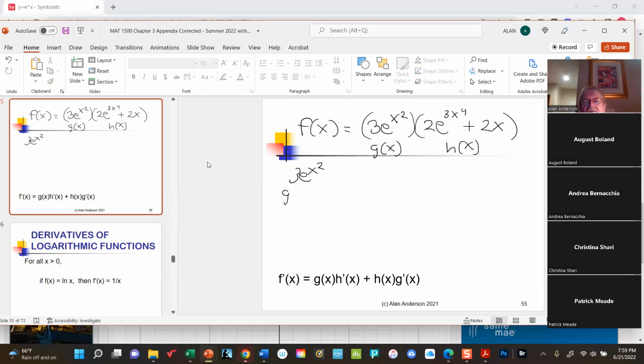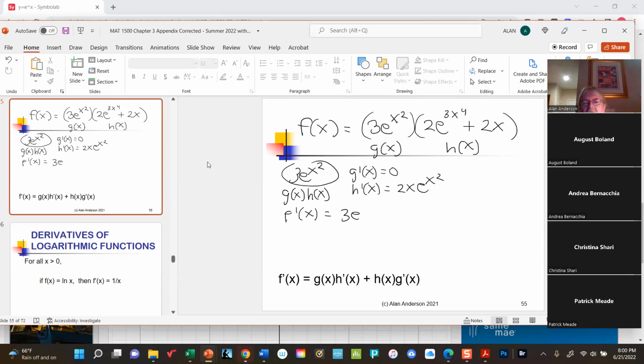If you think of this as g of x and h of x, so using the product rule here on this, it would be 3e to the x squared.